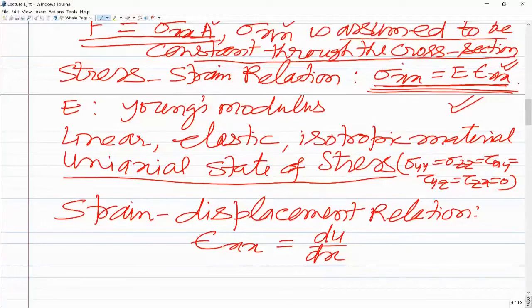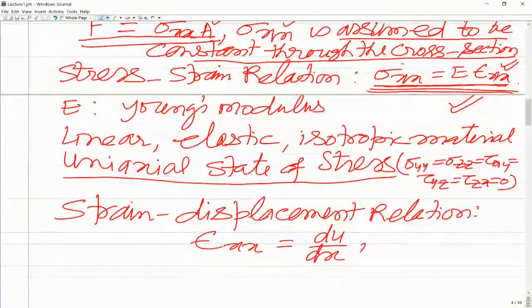If you don't have any idea about these things, please let me know. I am assuming that you have done a solid mechanics course, and so you would have learned these. In the strain displacement relation, we have only one independent component of strain, epsilon xx, written as the rate of change of u along the x direction, du by dx.